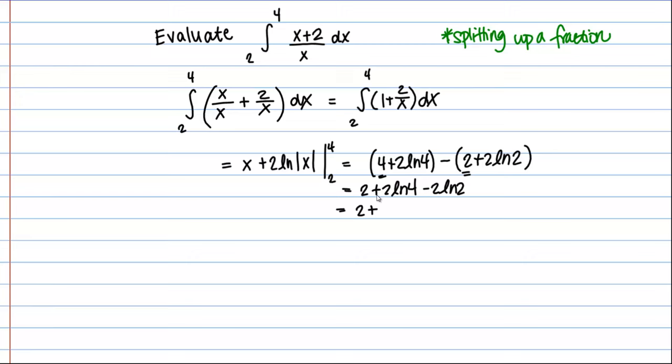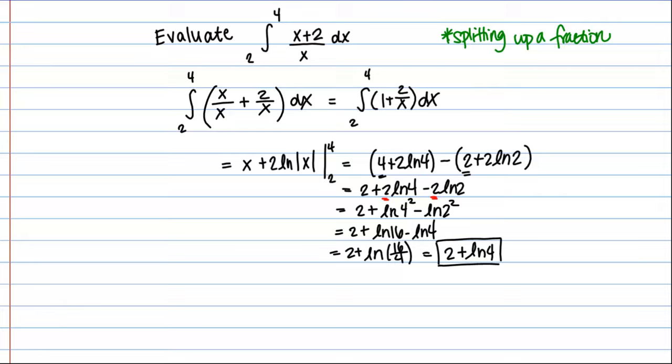These coefficients in front of my natural logs, I can make those exponents. So this becomes the natural log of 4 squared minus the natural log of 2 squared. So that's the natural log of 16 minus the natural log of 4. And then I can use yet another property of natural logs to combine the subtraction and write this as the natural log of 16 over 4. So this becomes in the end 2 plus the natural log of 4.